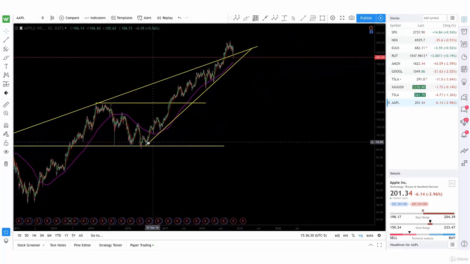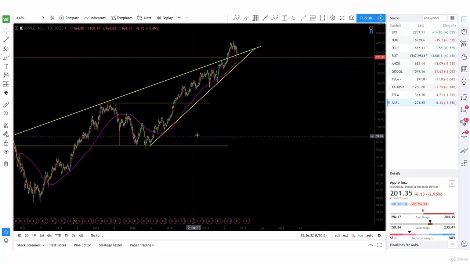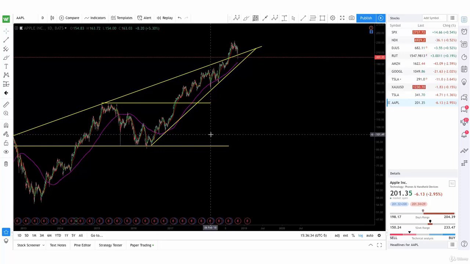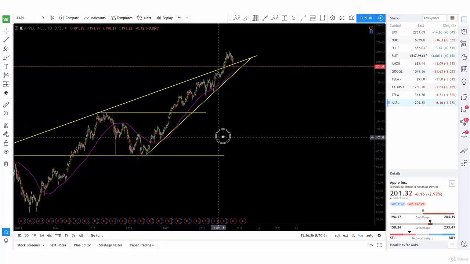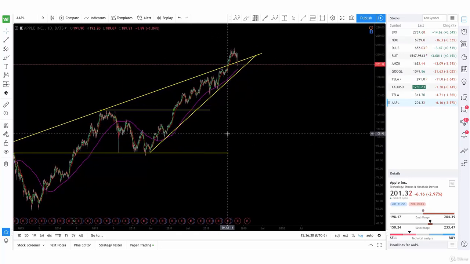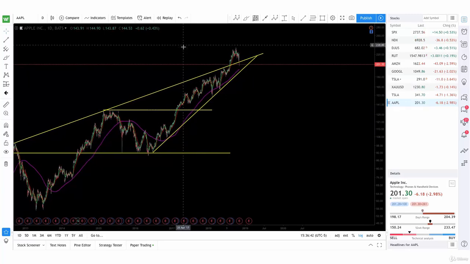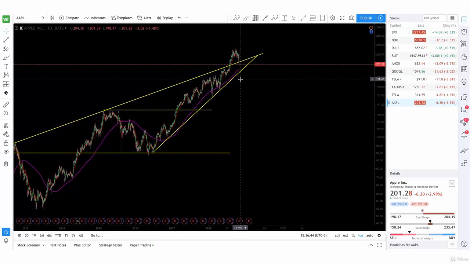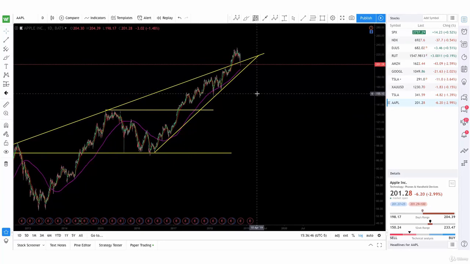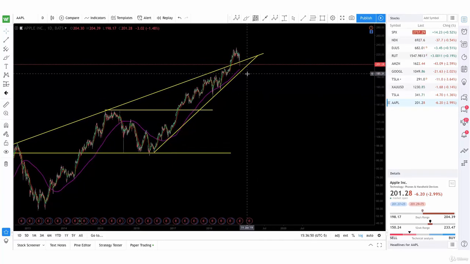Now, the more times it touches a line, the better reference it is as far as a support or a resistance. Now, keep in mind that they switch depending on the price. If it's over the line and under the line, they always become either support or resistance after it's broken.